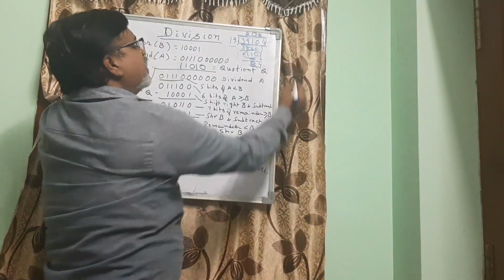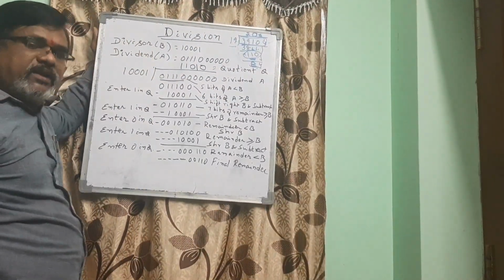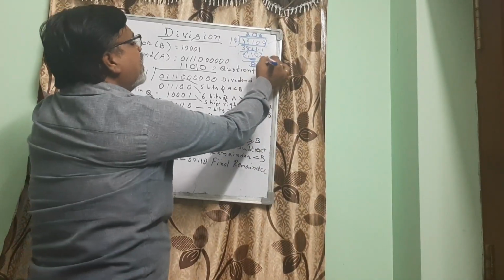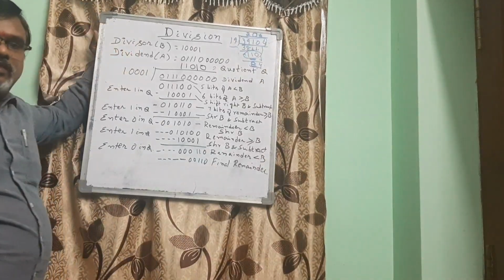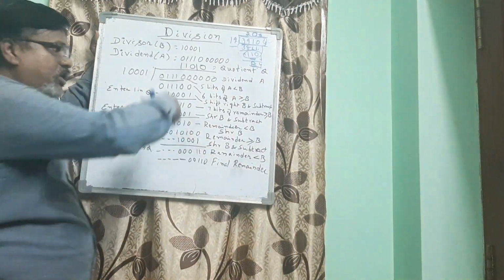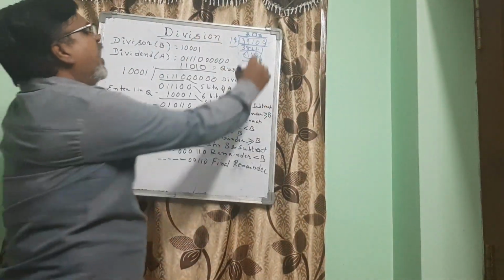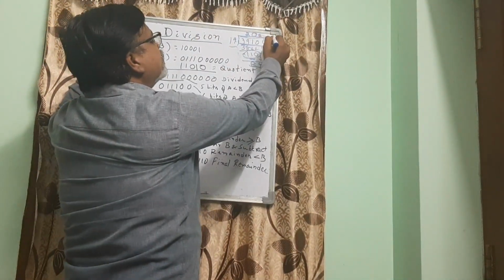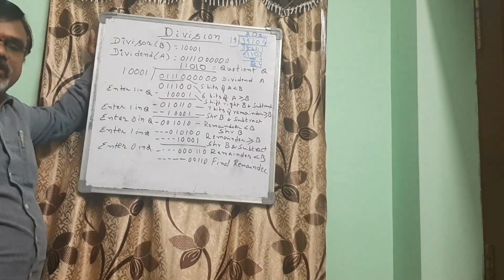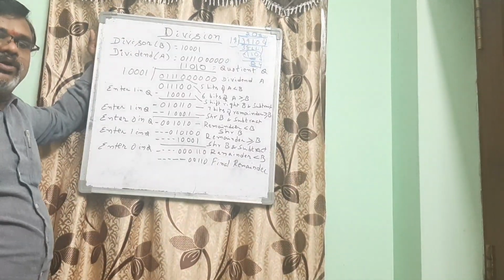I am repeating: till the digits of the dividend are over and the remainder is less than the divisor, you have to keep continuing this process by adding digits to the quotient.